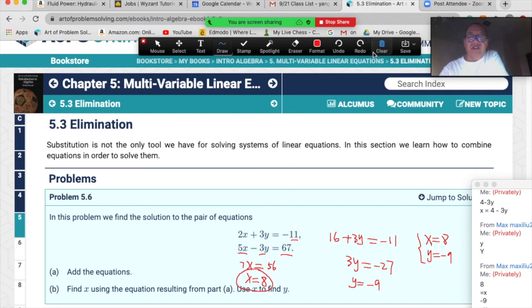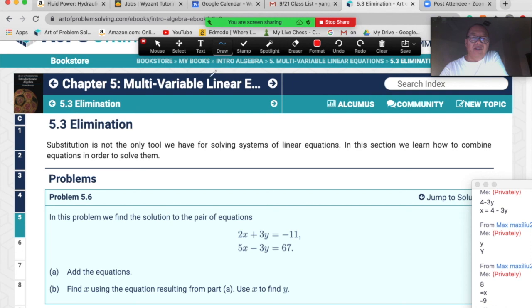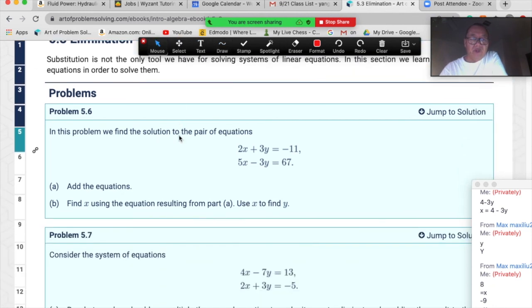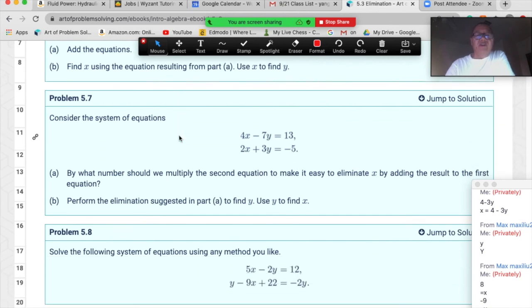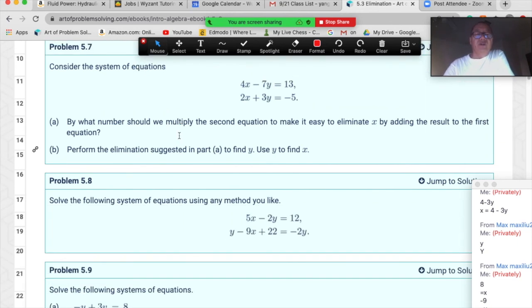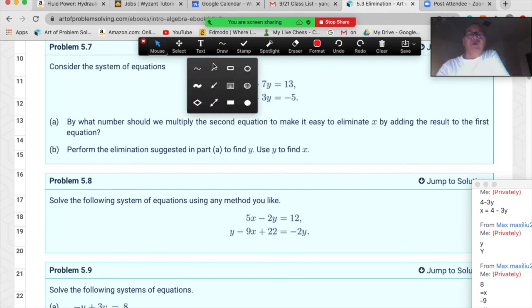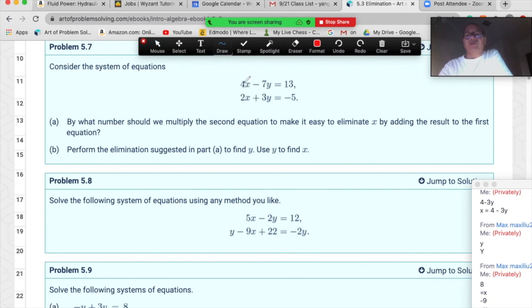Now let's see another example here, 5.67. Consider this system. Now, how to solve this one? We don't have any variable with coefficient 1 or negative 1, so substitution is not a good way.